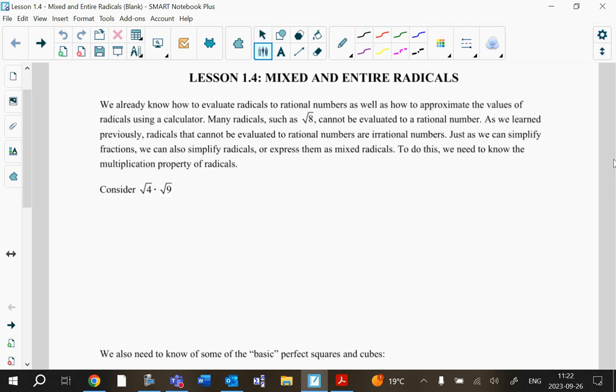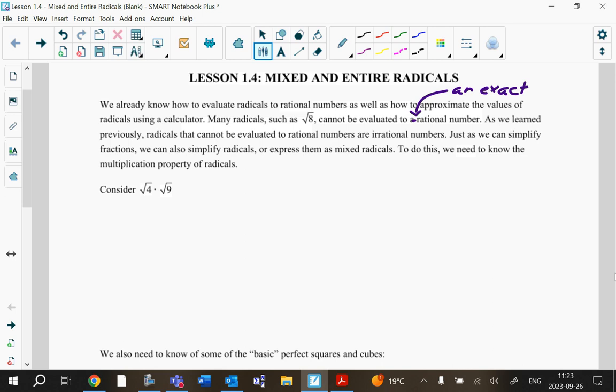Many radicals, such as the square root of 8, cannot be evaluated to an exact rational number. Cross out and then put in an exact. They can be evaluated using a calculator, but as soon as you use a calculator, it only becomes an approximate answer.